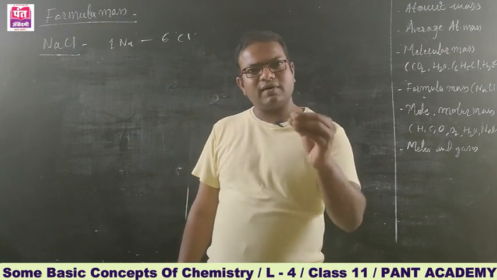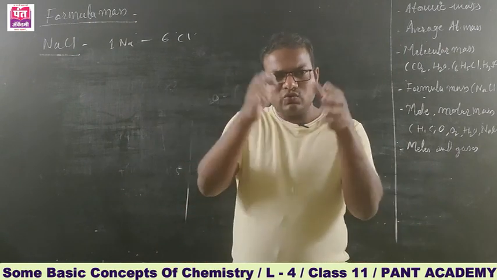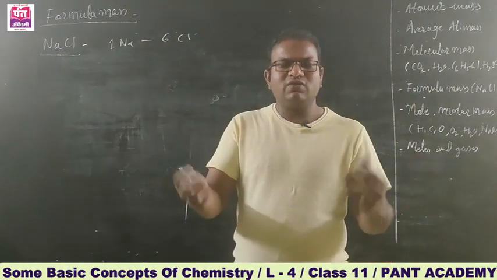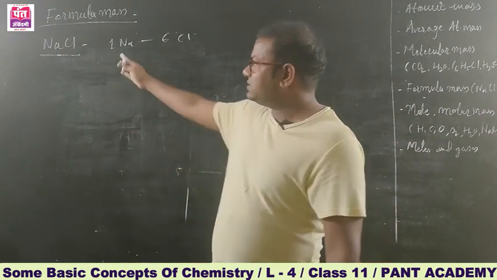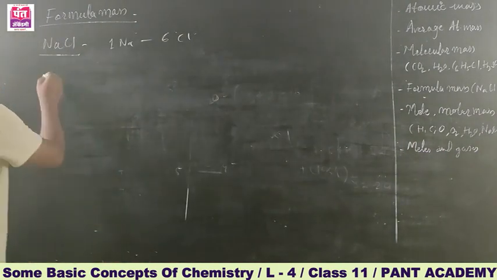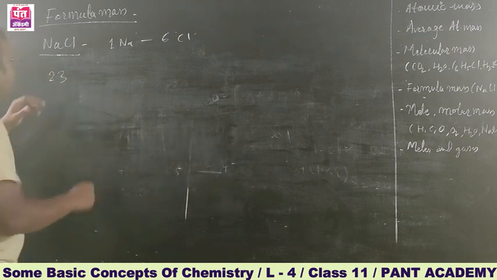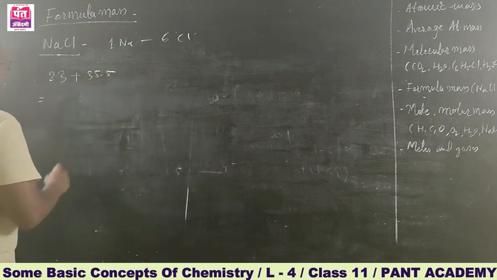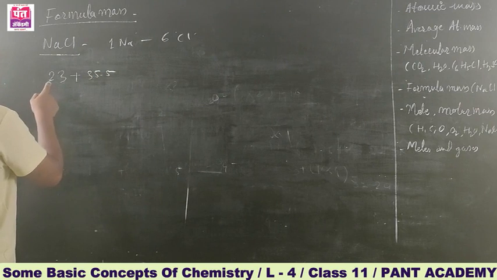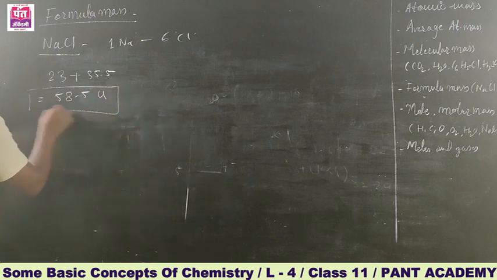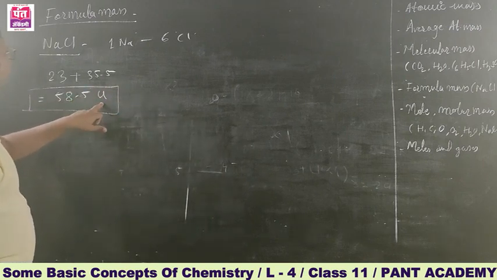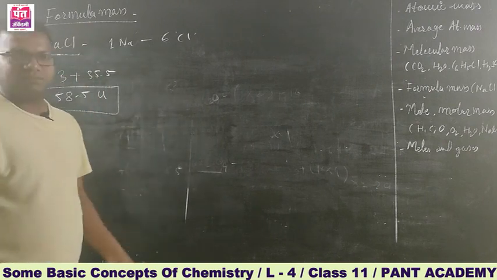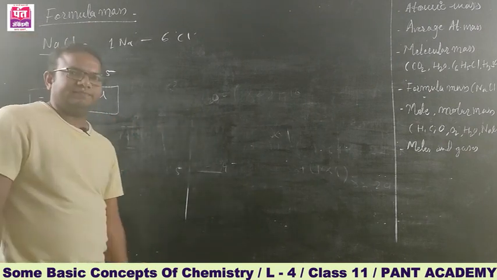Most of the time we calculate formula mass because in actual geometry their structure can be different. So for formula mass, sodium's atomic number is 11, so its atomic mass is 23. 23 plus 35.5, it is about 58.5 unified mass. So 58.5 unified mass is the formula mass, that is the molecular mass of sodium chloride.